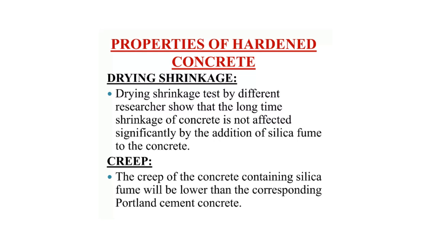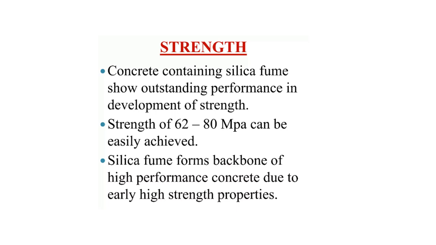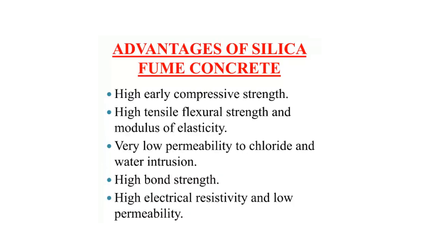Creep of concrete containing silica fume will be lower than the corresponding Portland cement concrete. From a strength point of view, concrete containing silica fume shows outstanding performance in development of strength. Strength of 62 MPa to 80 MPa can be easily achieved. Silica fume forms the backbone of high performance concrete due to the early high strength property.